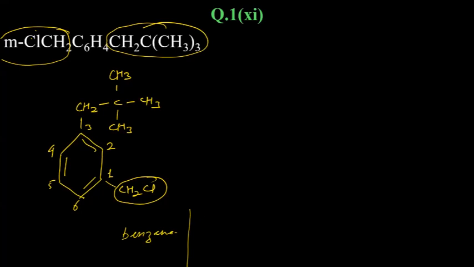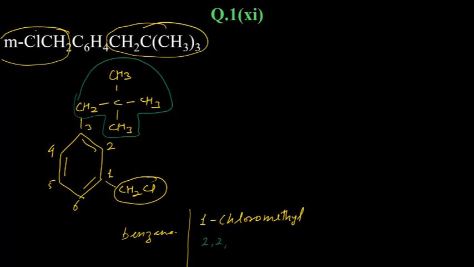So on first, you have chloromethyl, and on third you have this attached, which is 2,2-dimethyl propyl.